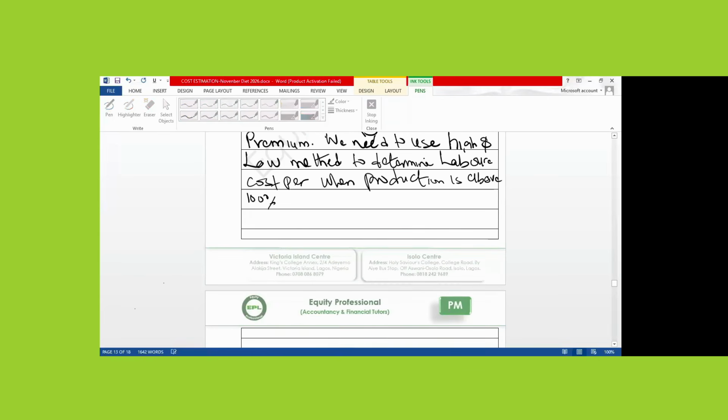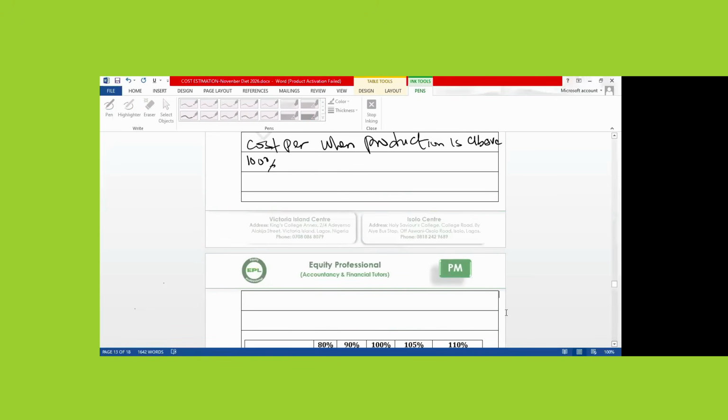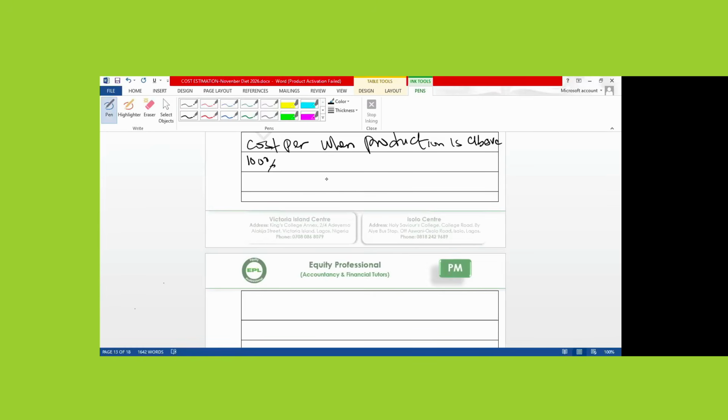So if I do it like this, high and low, output, labor costs.